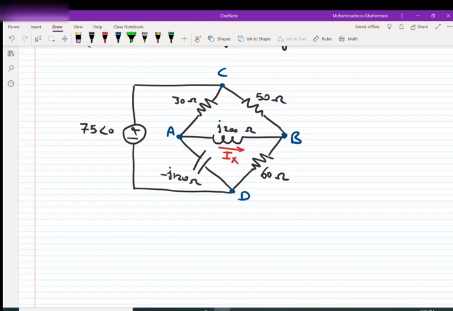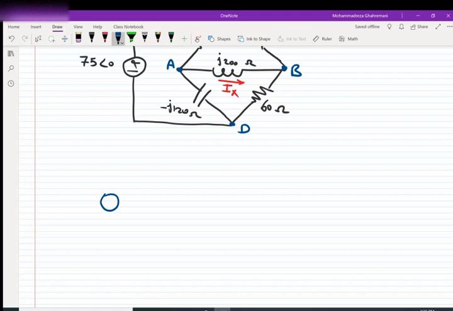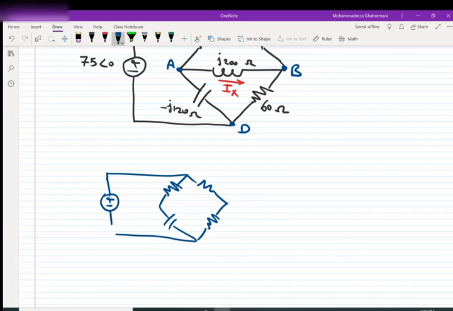And we remove the inductor from the circuit and see what we will have. So we will have the voltage source. We have two resistors here, one resistor here, one capacitor here, which is connected to the voltage source, and point A and point B, the same as the nodes that we put here.